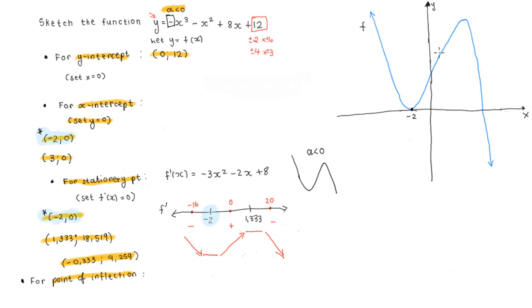Okay, then we know that this x-intercept is going to be this one over here of 3, 0. Okay, so this is 3, 0. We already covered this stationary point. We now need to just capture this stationary point, which is our maximum over here.